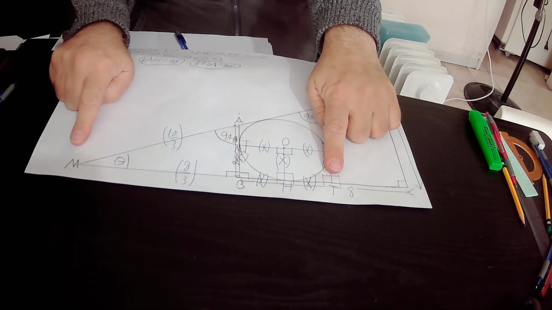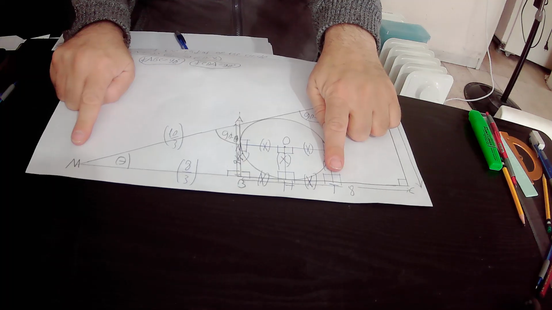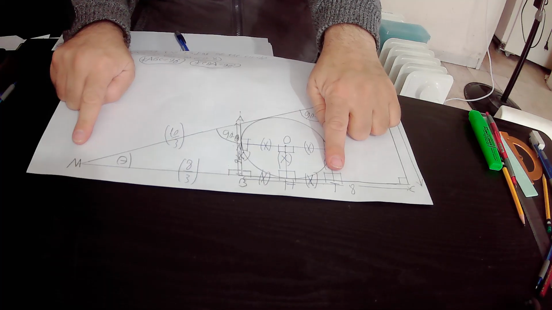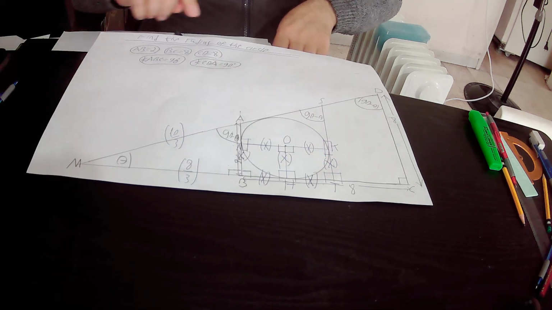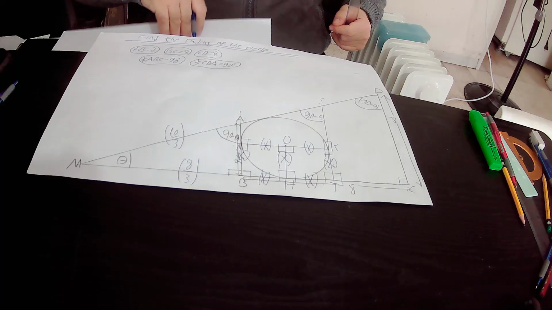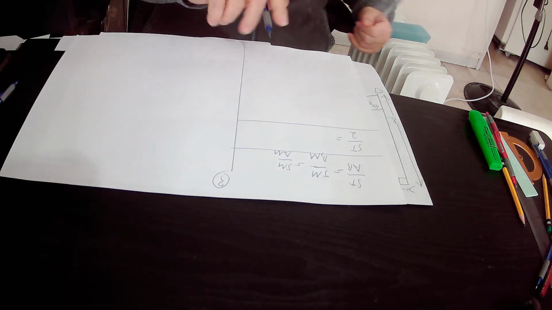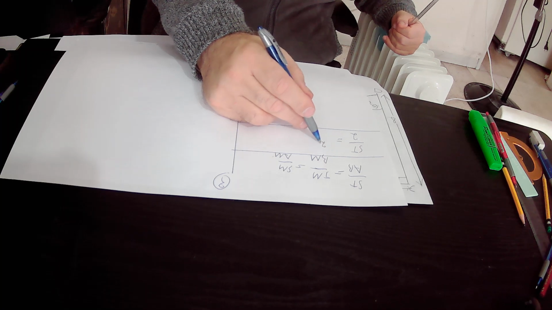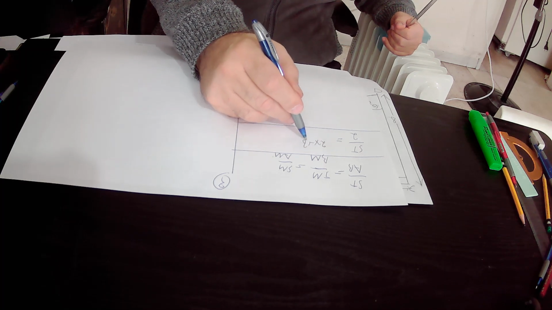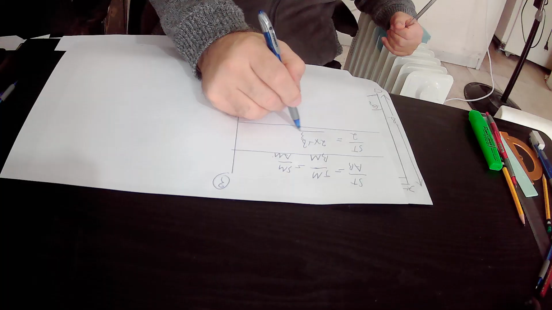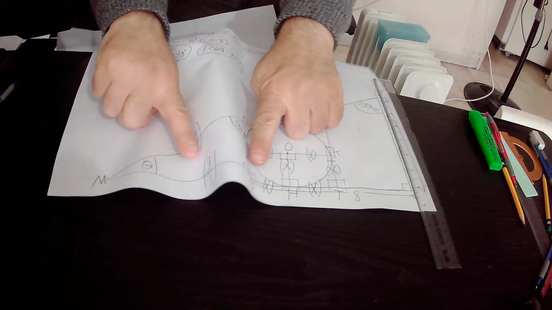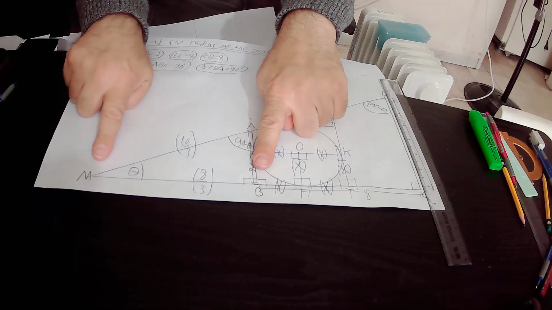That is to say TM equals TB, that is 2x, plus BM, that is 8 over 3. So in total TM equals 2x plus 8 over 3. So we substitute TM here by 2x plus 8 over 3, and we have to divide it by BM. Here, BM is 8 over 3.